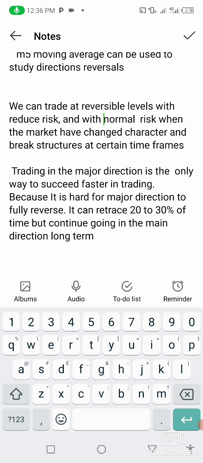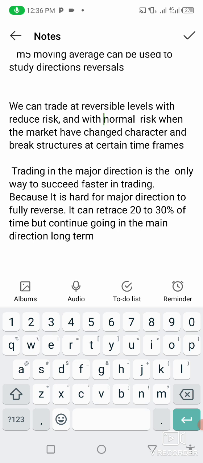So there are two types of entering the market in this subject. When you are entering the market at a very strong resistance, support, demand or supply, you have to reduce risk. Most times the market goes against you again and hits your stop loss.